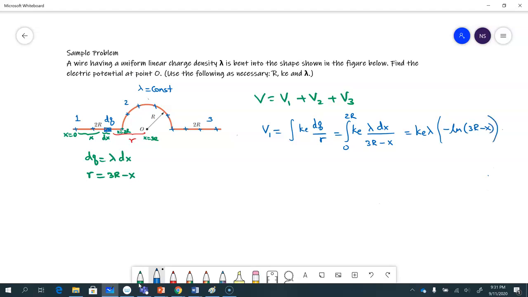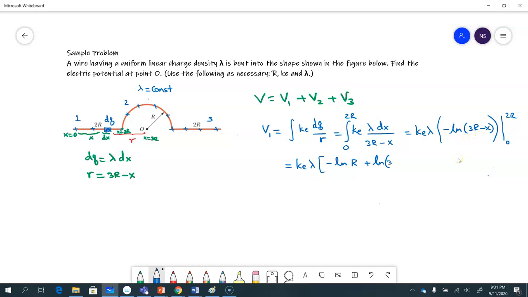That's what you would get for integrating this, evaluated between 0 and 2r. So I have ke lambda times negative natural log of 3r minus 2r, that's just r, minus of minus natural log of 3r when x is 0.